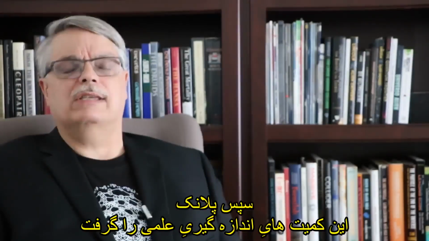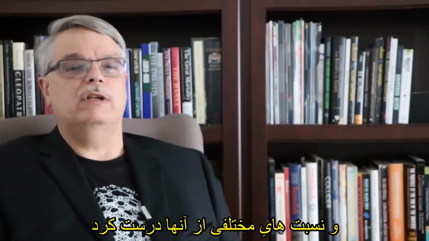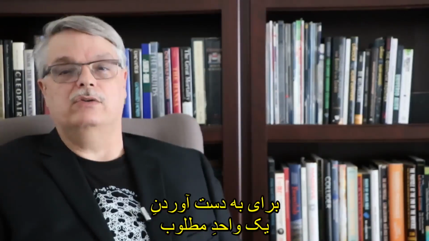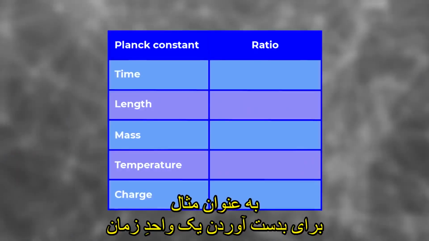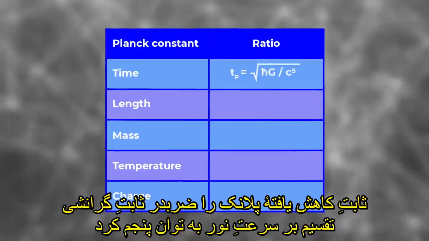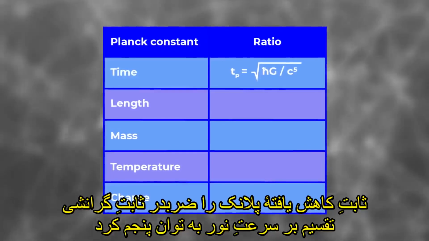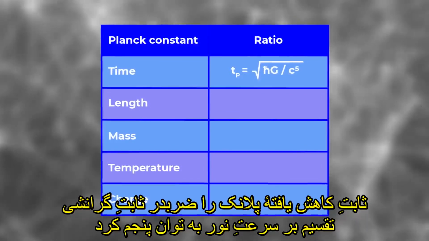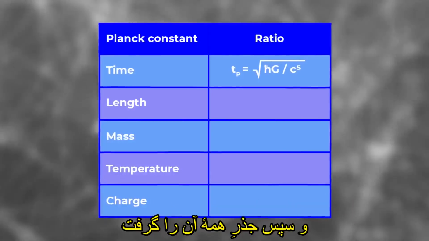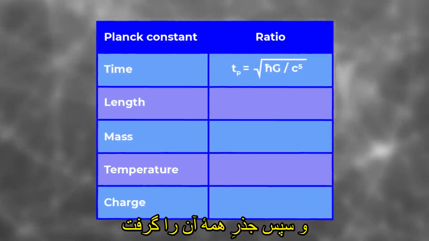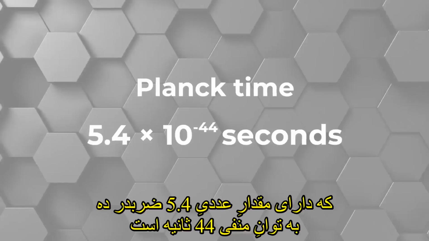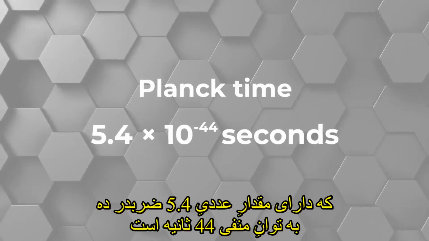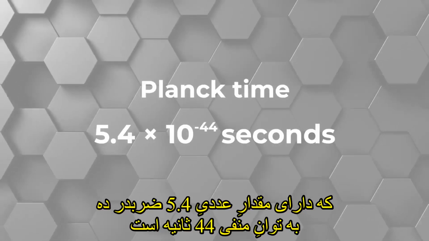Planck then took these scientifically measured quantities and made various ratios of them to get a desired unit. For instance, to get a unit of time, he took the reduced Planck constant times the gravitational constant divided by the speed of light to the fifth power, and then he took the square root of all of that. The result is the Planck time, which has a numerical value of 5.4 times 10 to the minus 44 seconds.